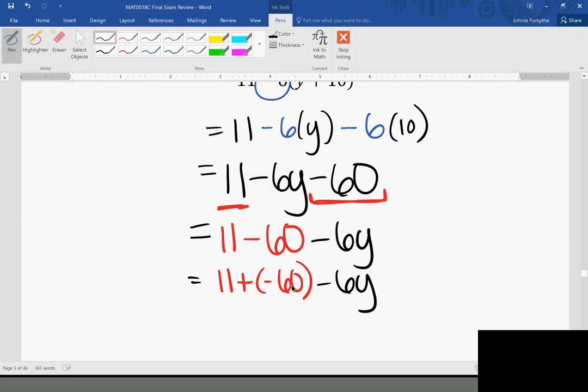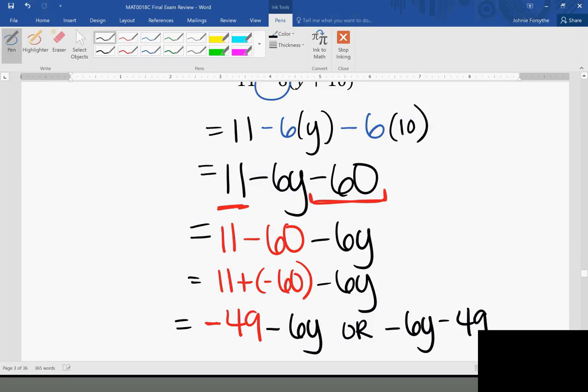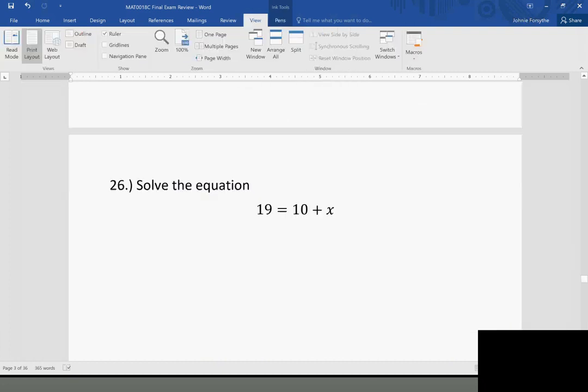So the larger number is 60 here, so it's going to be a negative 60 minus 11. 60 minus 10 is 50, so 60 minus 11 will be 49. So I have negative 49, and then bring down that minus 6y. So I can write that as negative 49 minus 6y, or negative 6y minus 49. Both of these are okay answers. I might say yes, we'll accept both of those.